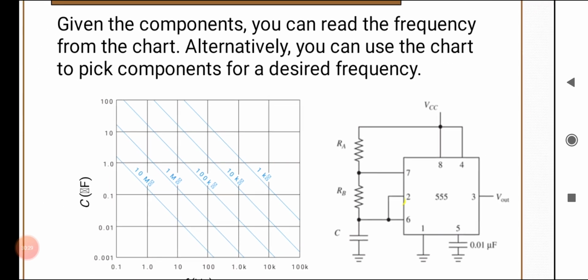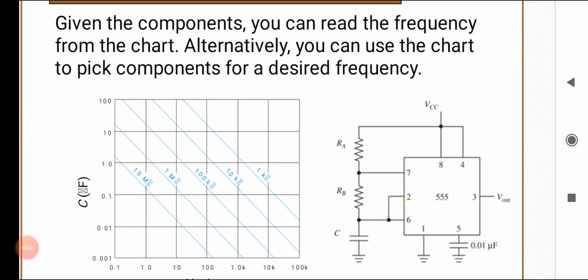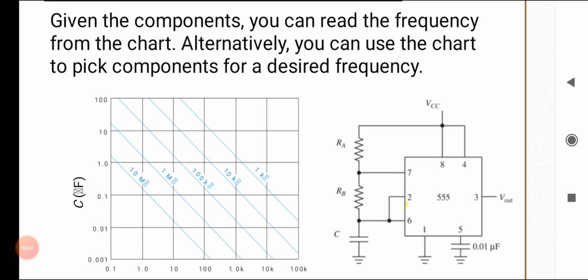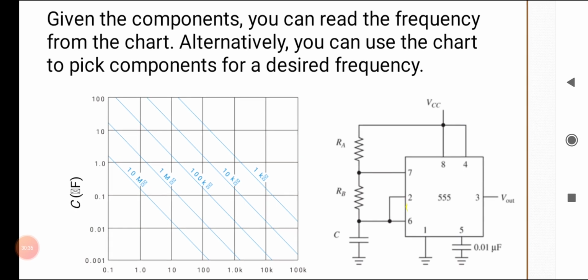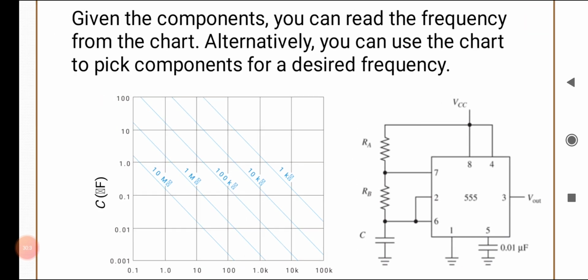The corresponding frequencies are 0.1, 1.0, 10, 100, 1k, 10k, and 100k.